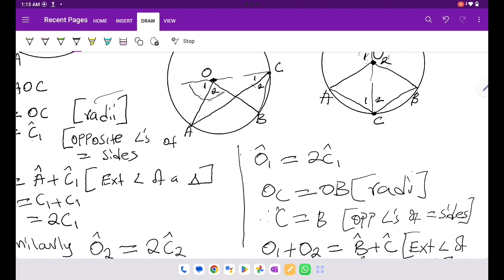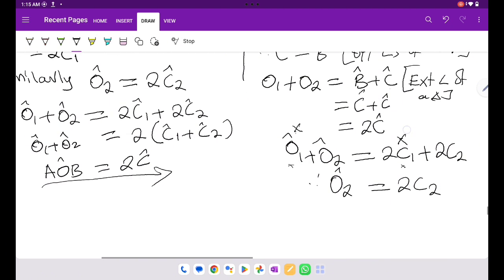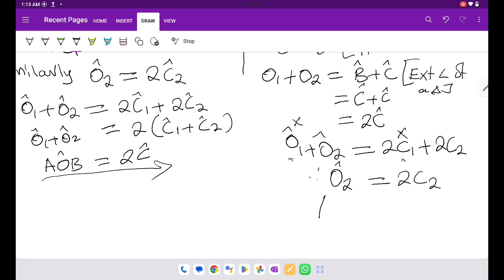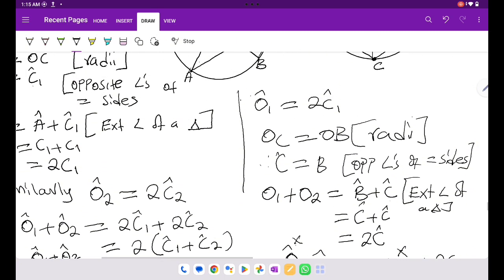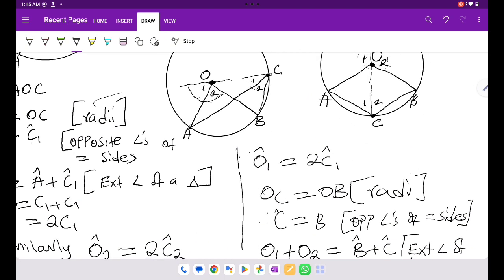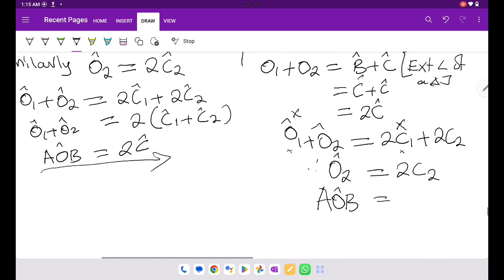So we can replace O2 with angle AOB. And then the C2 is our original angle C that we were talking about. So this one is 2C.